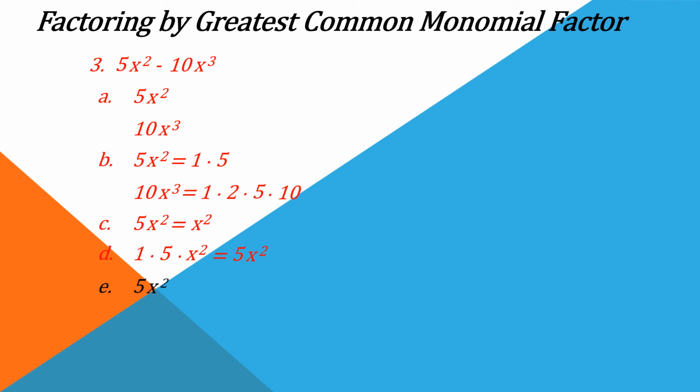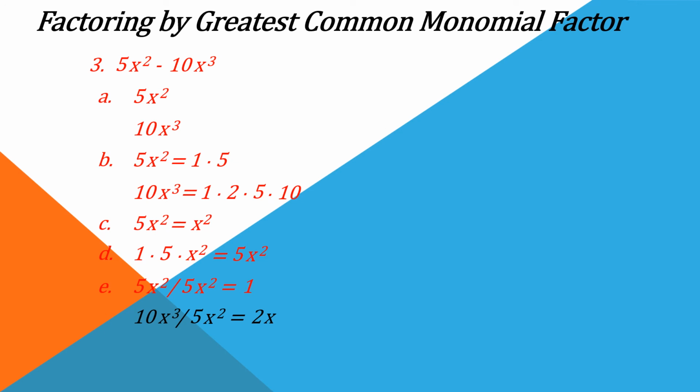And we will divide the given polynomial by the greatest common factor. 5x squared divided by 5x squared is equal to 1. And 10x cubed divided by 5x squared is equal to 2x.